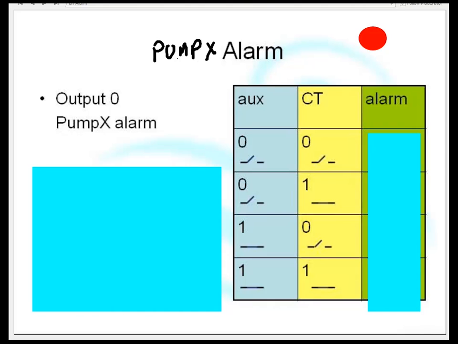Right. Considering the truth table for this, the first one, this line, so my contactor is switched off and there is no flow. Is that normal or alarm? So I'm not trying to switch my contactor on, and I have no flow.